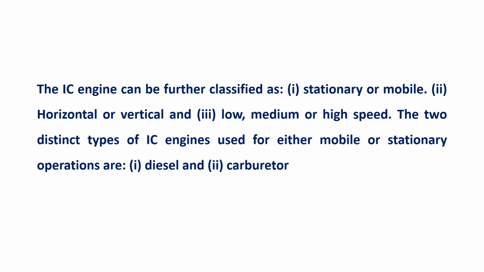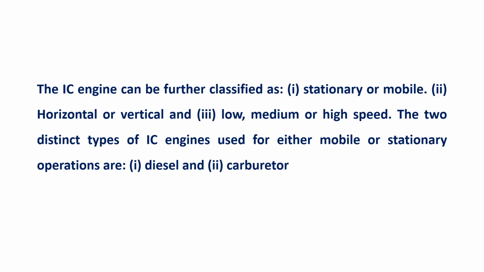Normally the classification is the diesel IC engine and the petrol IC engine, or carburetor IC engine. So we are classifying based on the fuel supplied, and also based on stroke.